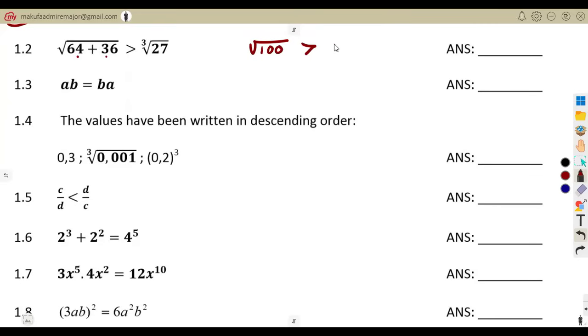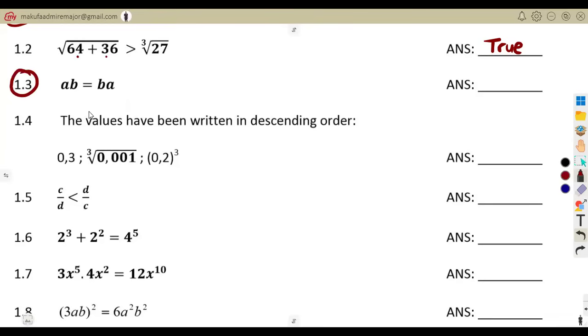Is it greater than the cube root of 27, which is 3? Is 10 greater than 3? Yes, 10 is bigger than 3, which is true.